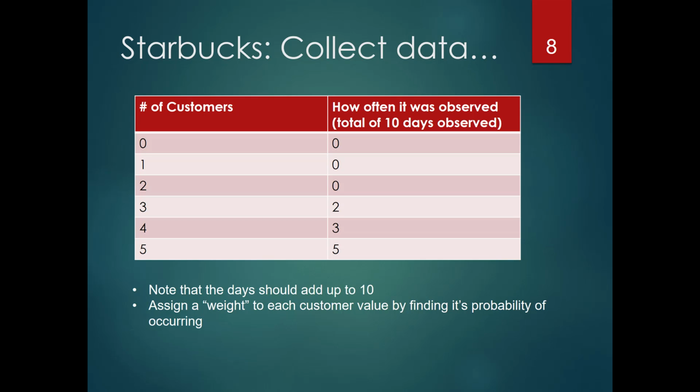So 5 customers was the most likely, so I want to put a weight to that. Notice how I wouldn't want to get an average just by doing 0 plus 1 plus 2 plus 3 plus 4 plus 5 divided by 6. That's not a good average because each of these is either more or less likely to happen. So I want to put more weight on the 5 and a lot less weight on the 0, 1, and 2.